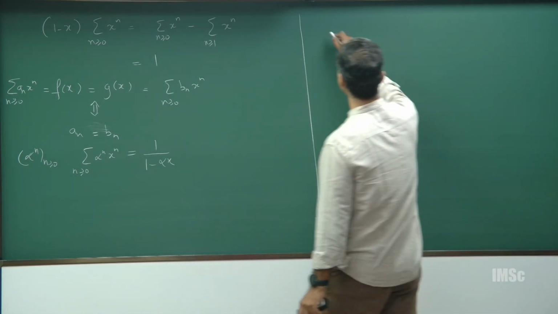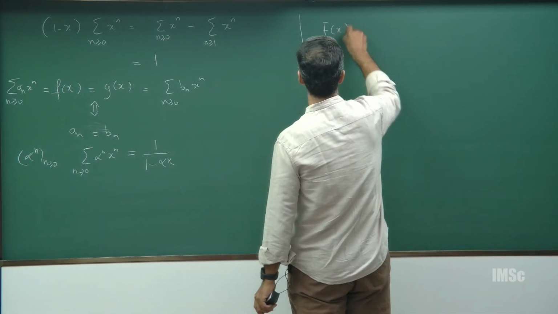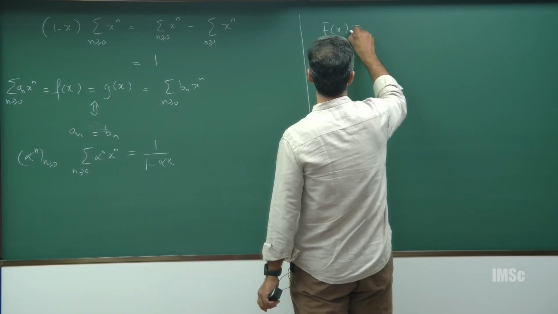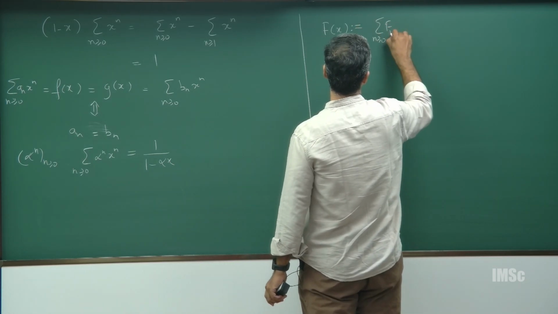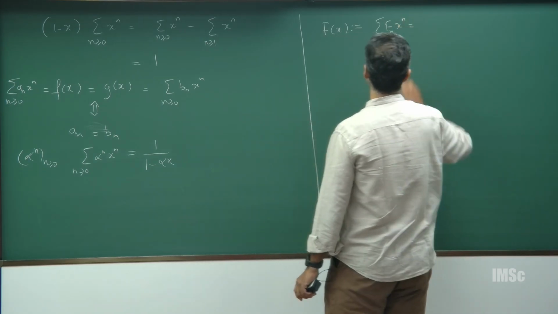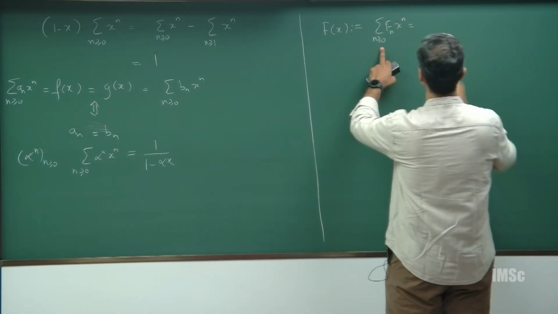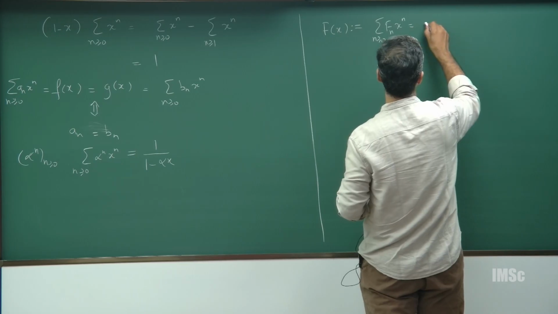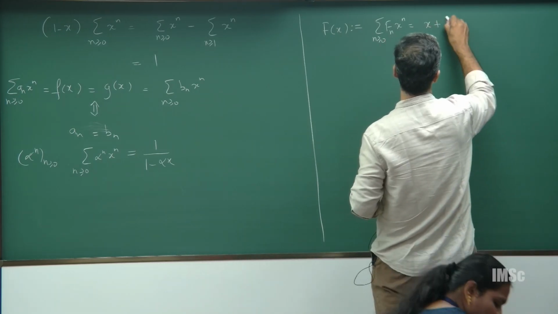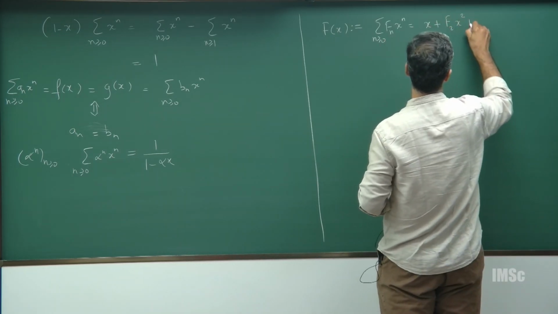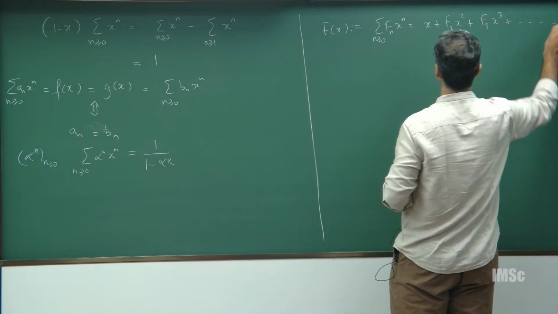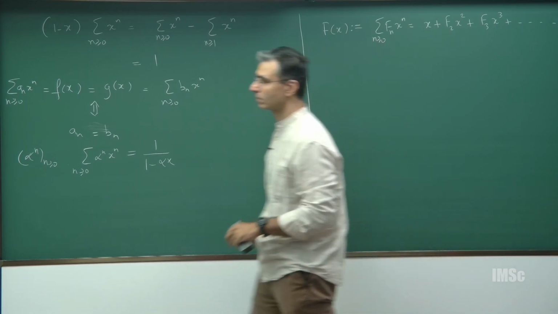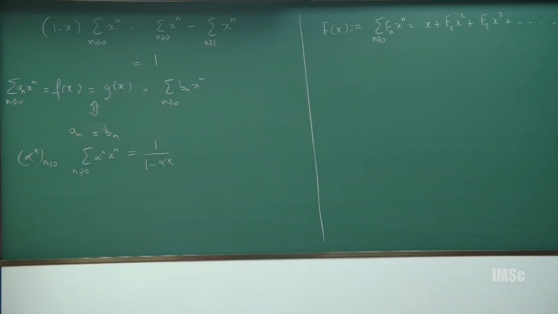So, let us define f of x to be the generating function for the Fibonacci sequence, right, which is what? F0 is 0. So, this is F1 is 1. So, this is x plus F2 x square, so right.